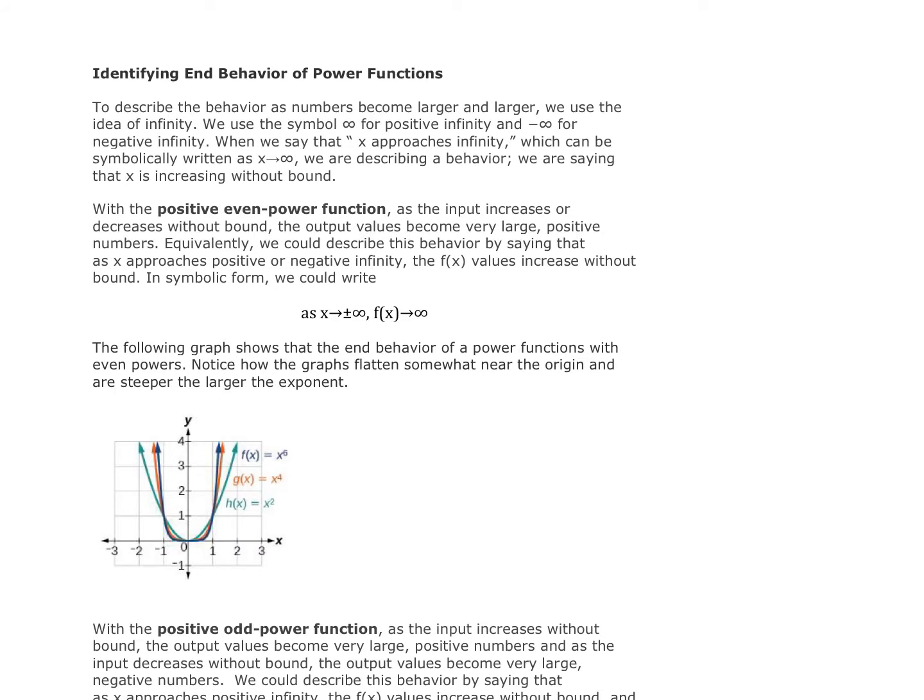So what do power functions look like? To describe the behavior as numbers become larger and larger, we like to use the idea of infinity, and we use the symbol infinity for positive infinity and negative infinity for negative infinity. We say that as x approaches infinity, which we can write as x with an arrow to infinity, we're describing the behavior, that's what's happening as x is growing arbitrarily large.